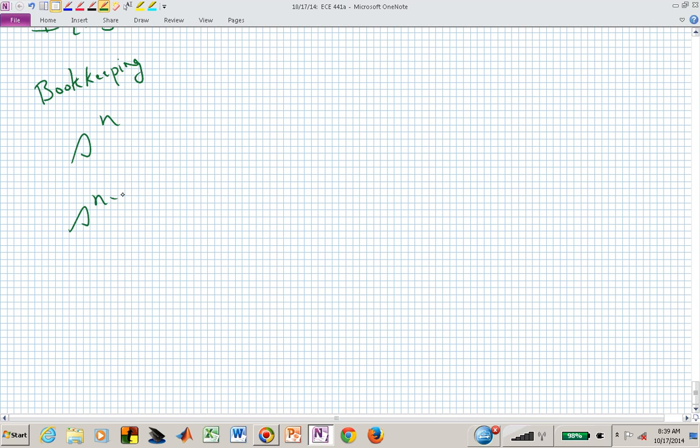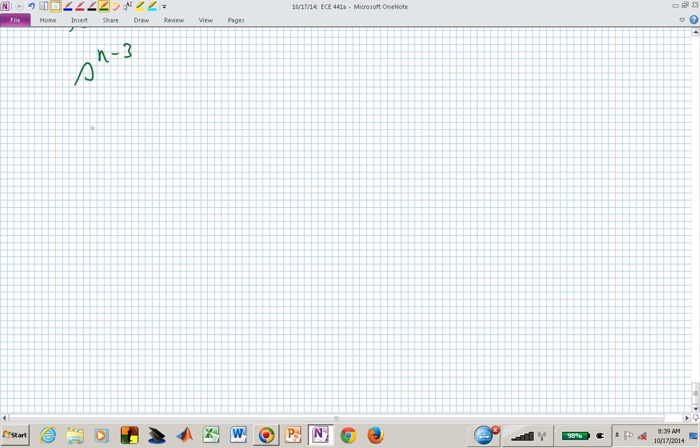Here's the s to the n minus 1 row. Here's the s to the n minus 2 row. Here's the s to the n minus 3 row. And it just keeps going until we run out of powers of s, and we will get s to the 1, and then we will get s to the 0. Once we've filled up the s to the 0 row, we're done.